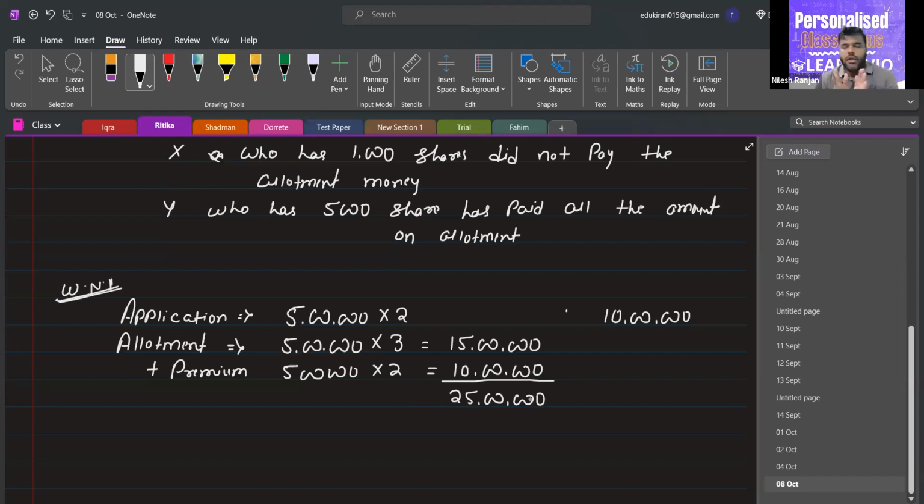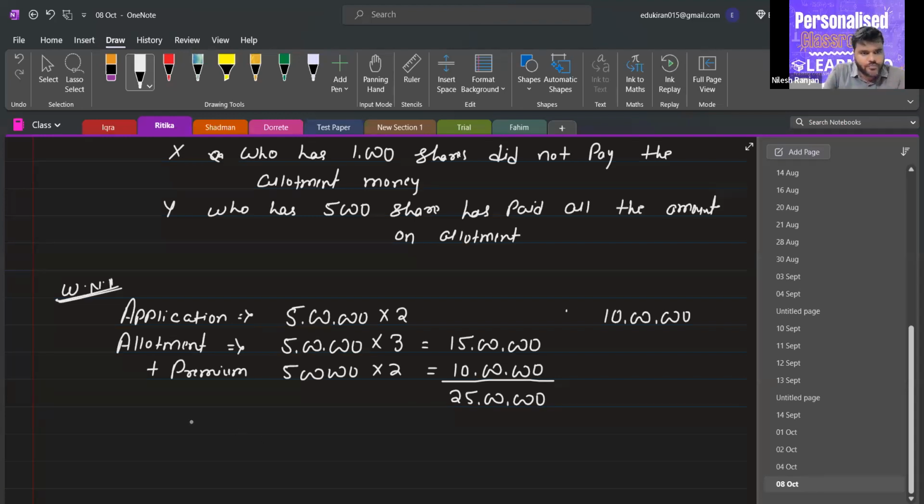Okay, sir. Now, can you tell me whether our calculation for allotment is completed or not? Do we have to do any add or less here, or is it completed? It's not completed. So what do we have to do now?